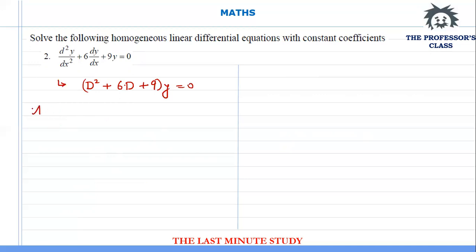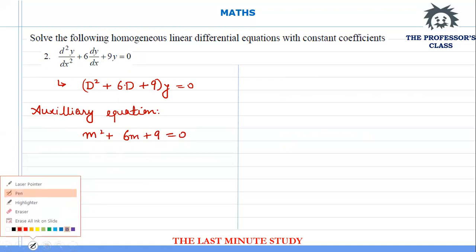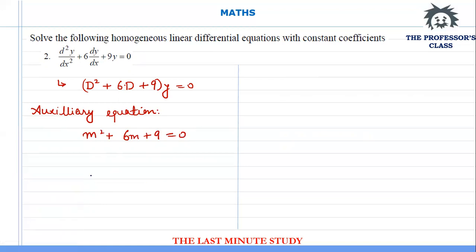So from here, the auxiliary equation will be m square plus 6m plus 9 equal to 0. Again, since I need to find the roots of this equation, I'll be splitting the middle term, which will give me m square plus 3m plus 3m plus 9.